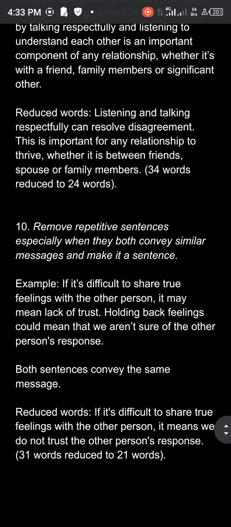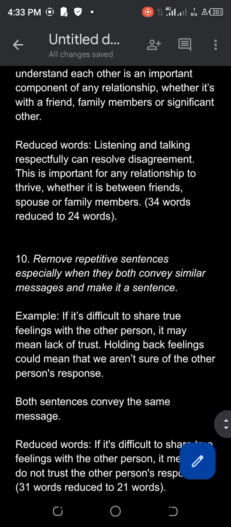Look at the example we have. If it's difficult to share true feelings with the other person, it may mean lack of trust. Holding back feelings could mean that we are not sure of the other person's response.